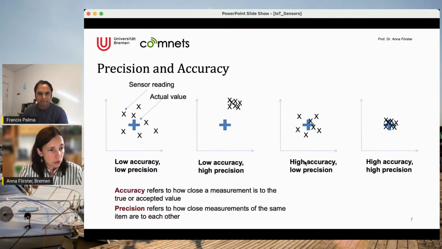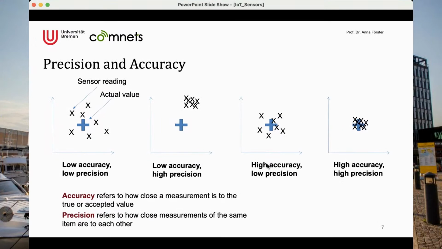So precision and accuracy is a very important topic because many people confuse what is precision and what is accuracy, and some believe it's actually all the same, but it's not. Here you have the definitions. Accuracy refers to how close a measurement is to the true or accepted value. In other words, if my GPS location is just 1 meter away from where I really am, then the accuracy is very high.